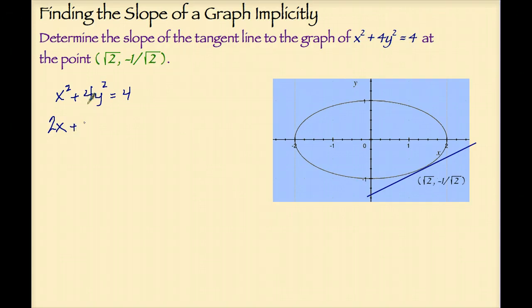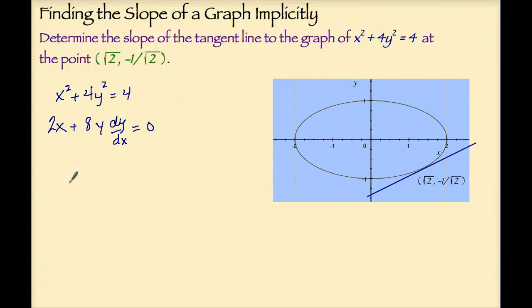The second term, 4y squared, the derivative is 8y dy/dx. I do have to attach this differential. Anytime I'm taking the derivative of a term with a y, then I must attach the dy/dx differential. On the right side, the derivative of 4 is 0.